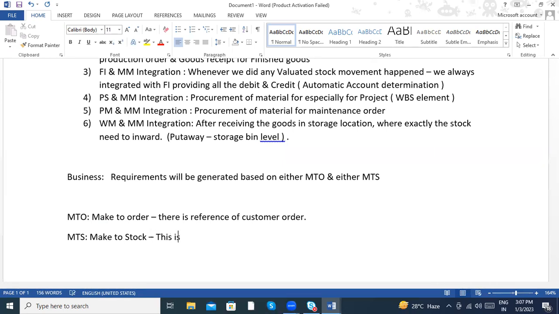This is based on the stock levels. We have the safety stock and the reorder levels. Suppose I have a store, as we discussed last time, and we have 100 tons of rice. My safety stock or reorder point is 50 bags.